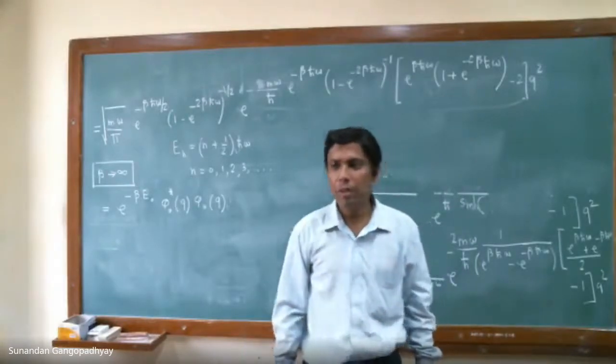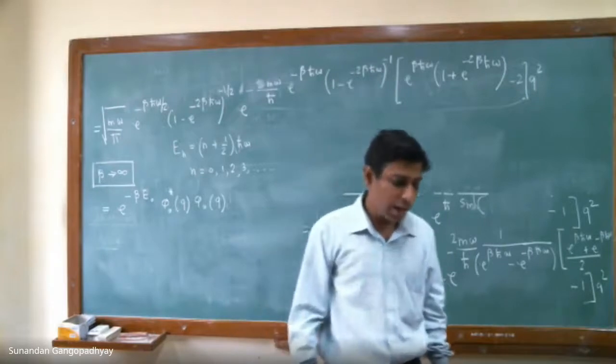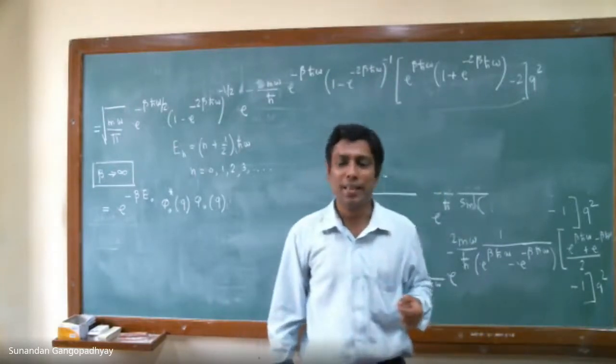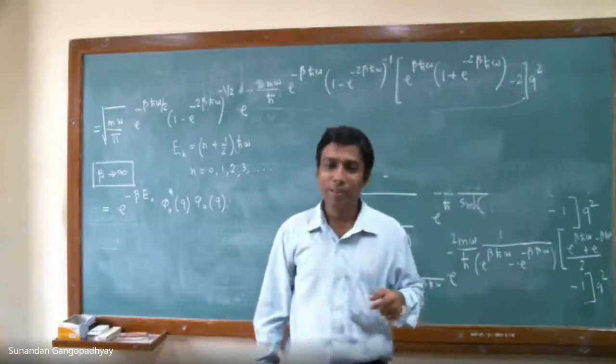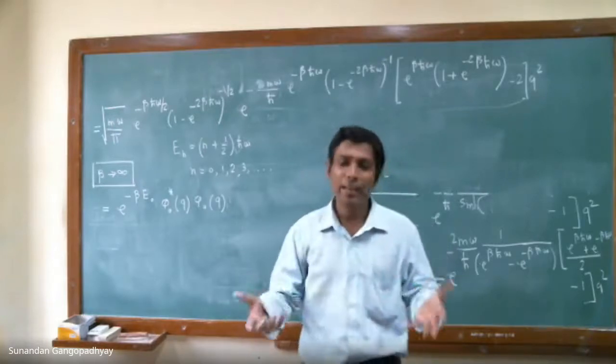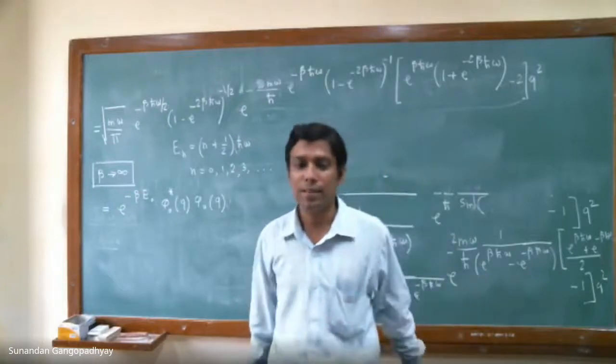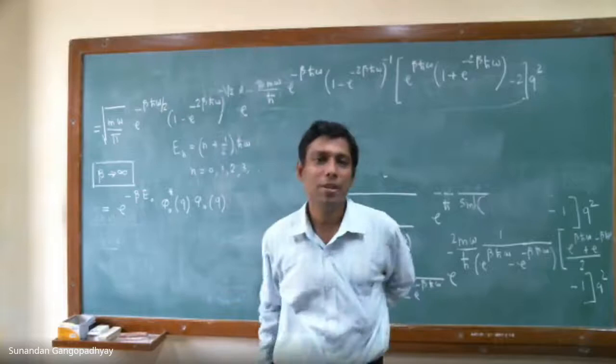You never worry about the temperature, but it is true that if you give a thermal excitation to an electron in an atom, then the electron may jump to an excited state.